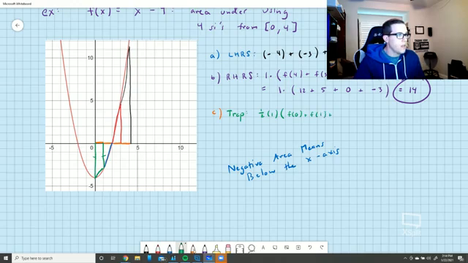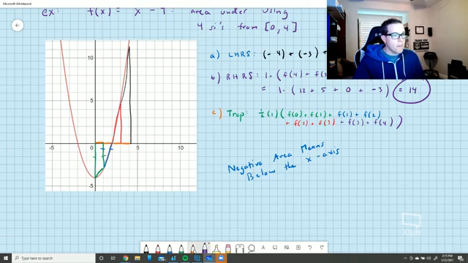How do we get the next trapezoid? Well, it's this base plus this base, which is just f of 1 plus f of 2. And yeah, I can actually put them all together. It's kind of like I factored out the 1/2 and the 1, which is in common between all of them. How do I get the next one? Well, it's just f of 2 plus f of 3. How do I get the last one? Well, it's just f of 3 plus f of 4.